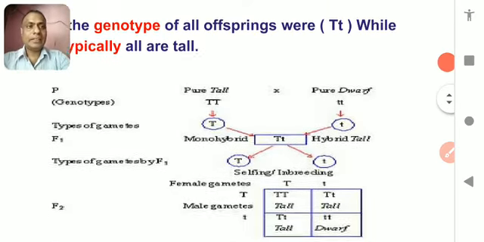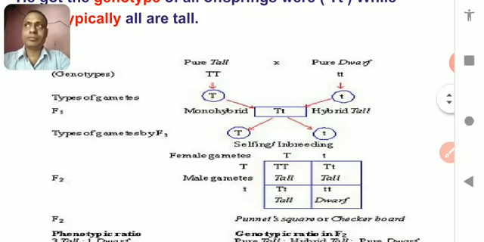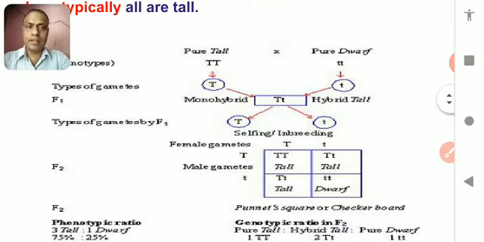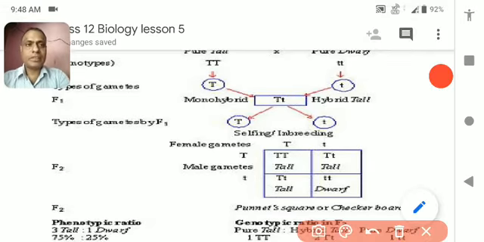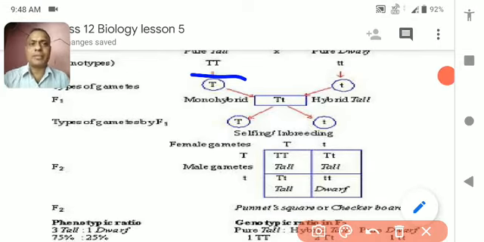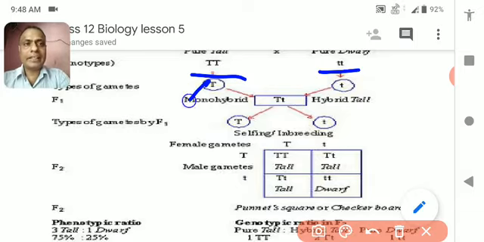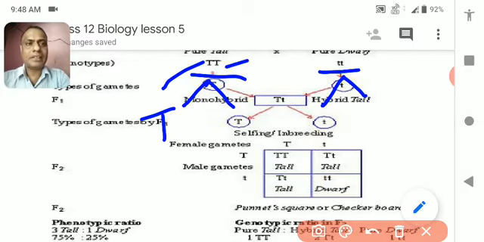See, first of all we are learning here how the crossing can be done. This is the tall plant, capital T, and this is the short or dwarf plant, small t. When they give the gamete, this capital T will separately come on one gamete, and this capital T separately come on another gamete.